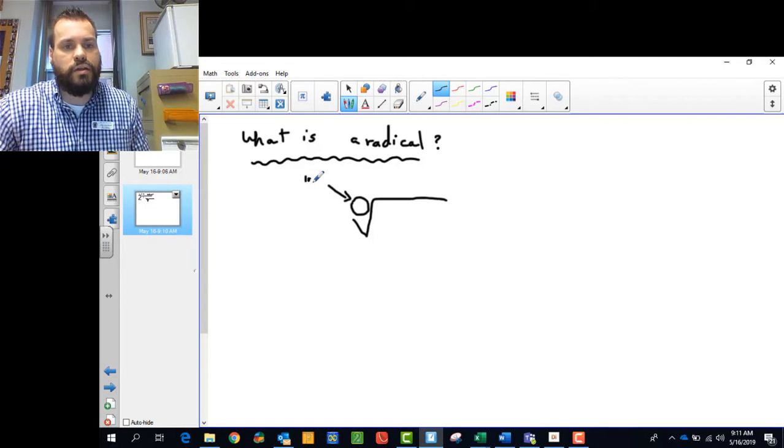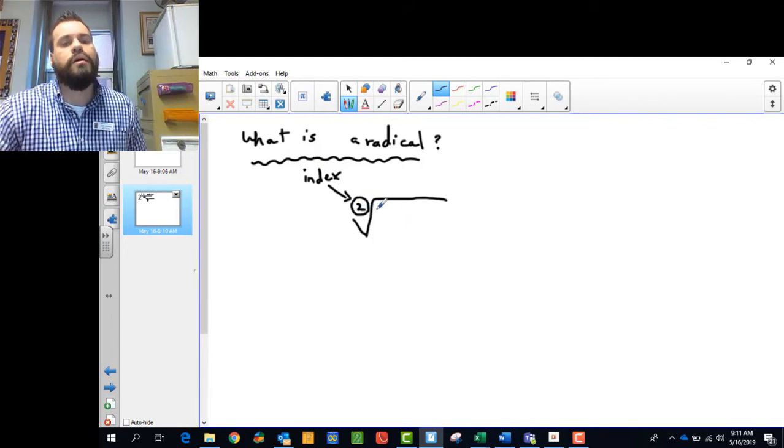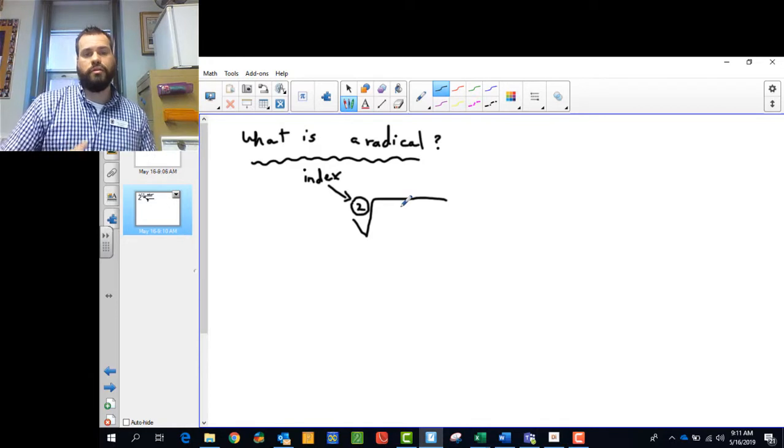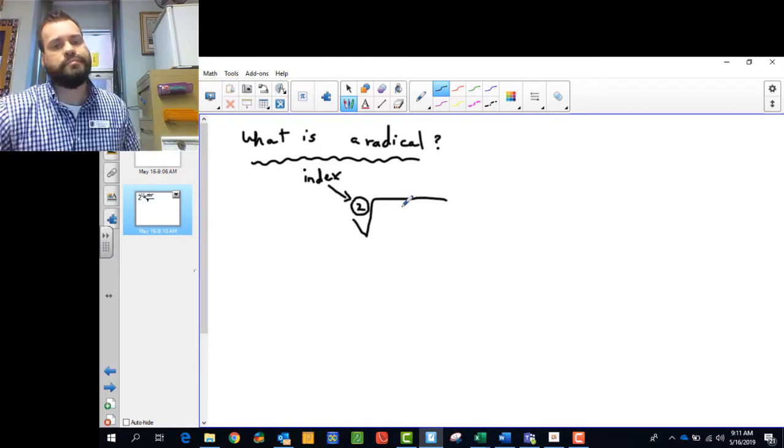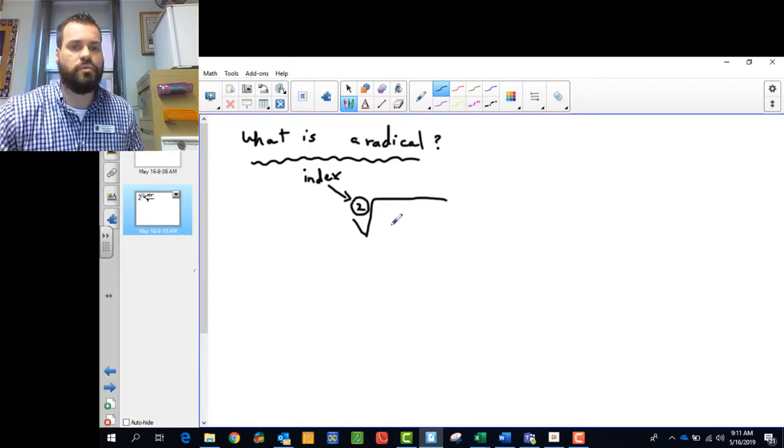And that number is called the index of the radical. When you don't see a number, it's considered to be a square root, and there's a 2 in there, even though it's not written. But if there's a 3 in there, it becomes a cube root. If there's a 4, it becomes a fourth root, and so on.